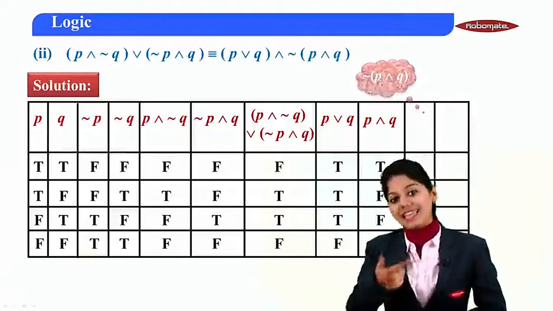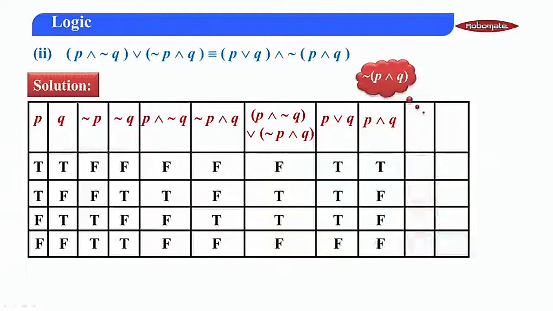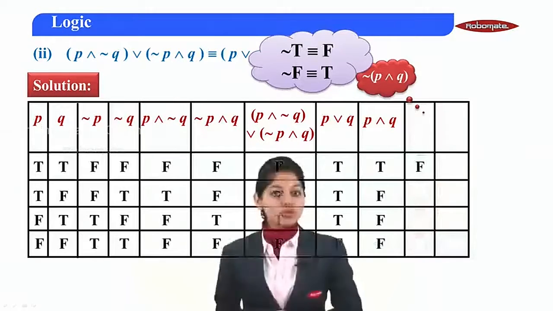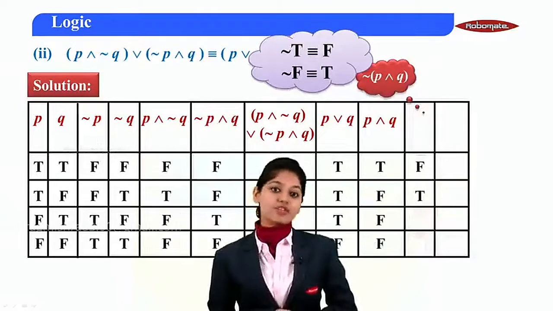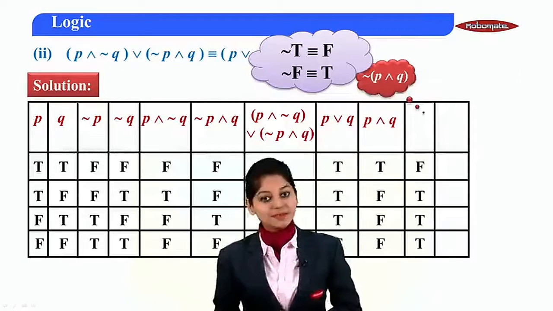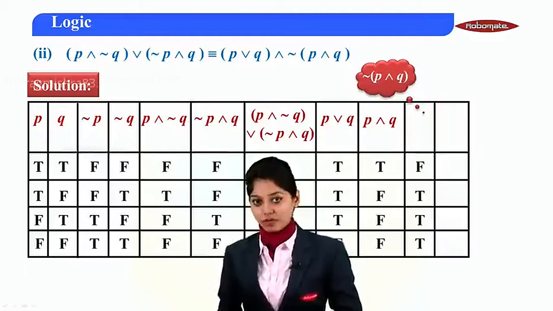No, it's negation of P and Q. Understood? So now you have to find its negation also. And what does negation say? Negation of true should be given as false, and negation of false should be given as true. So here we did the same thing. Understood? So now we have negation of P and Q ready in front of you.